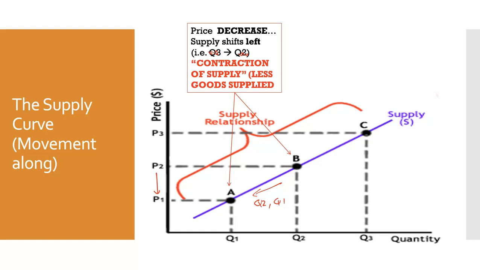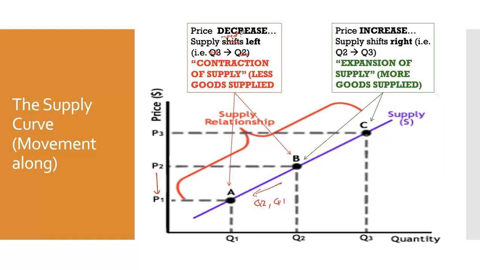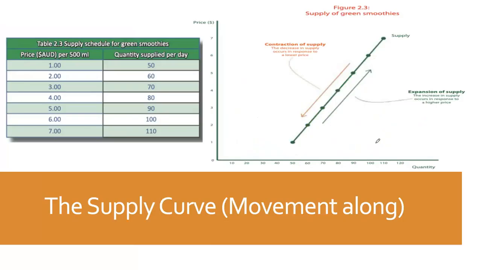I will say that the supply has moved left. There are a few little typos here, I apologize. If the price increases, the supply will move right and will go from Q2 to Q3. And we will say this is an expansion of supply because as price has increased, we have more supply. So a few little typos there, but that shows the supply curve moving along.